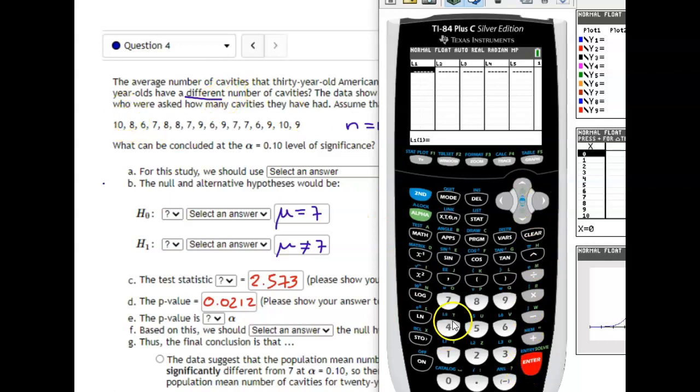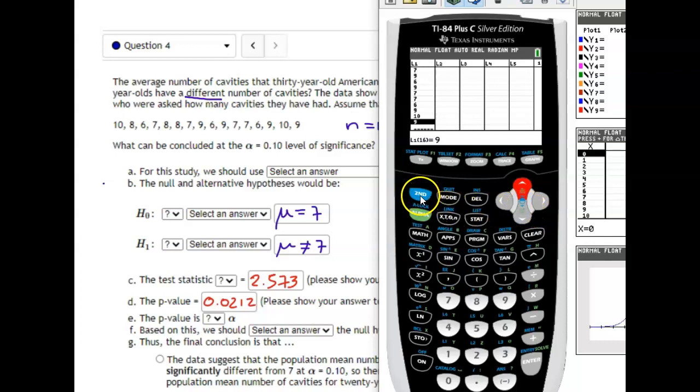Okay, so we're going to type these numbers in. So we're going to do 10 and 8. Now I'm going to pause it so you don't have to watch me type in. There you go. I typed in all the values, and you can see the last line says L1(16). That means there are 16 values in there.